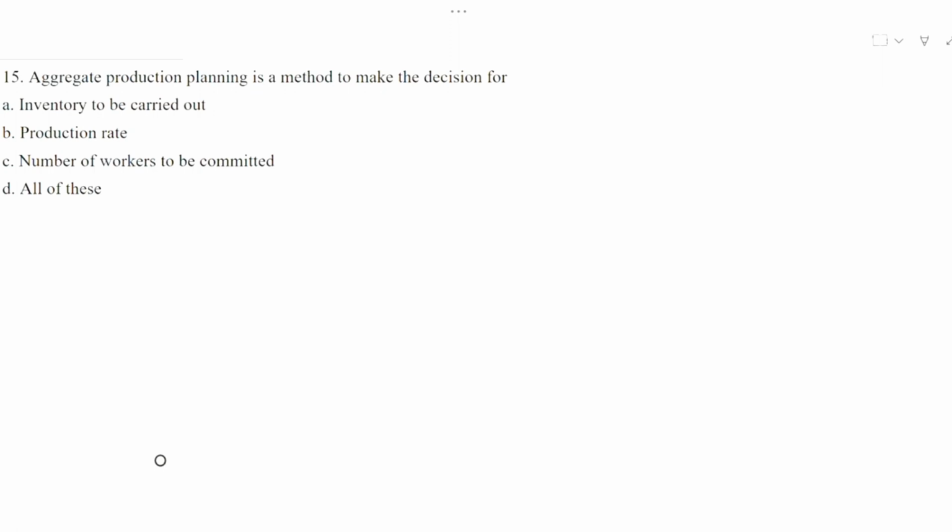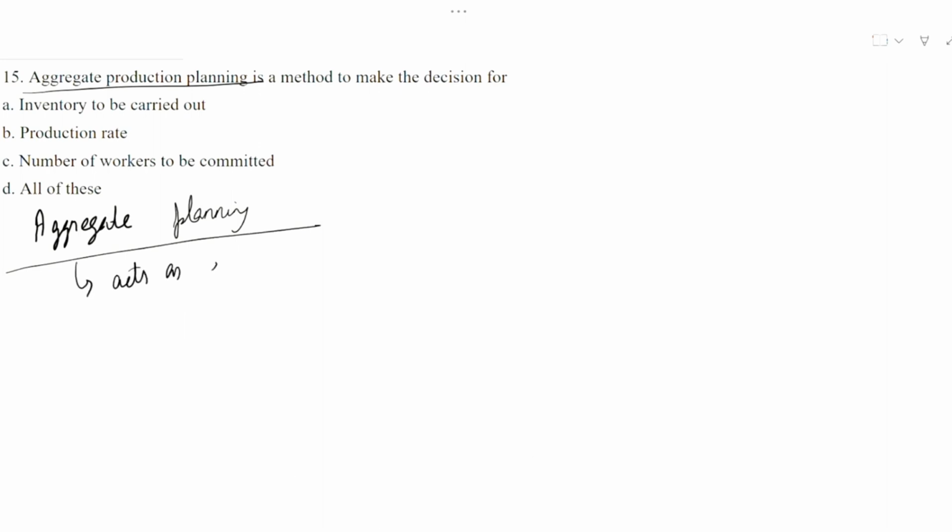Aggregate planning is a method to make the decision for. Okay. So we discussed aggregate planning again. This is one more question. So aggregate planning acts as an input for the production system.